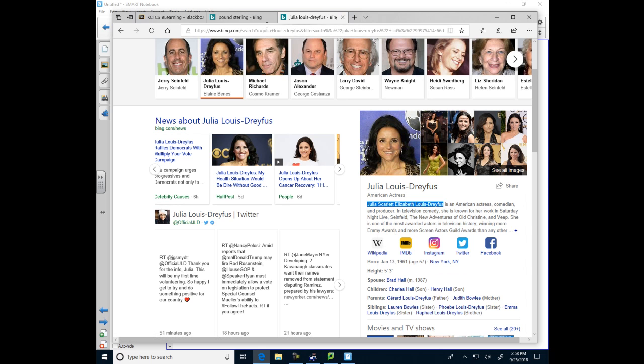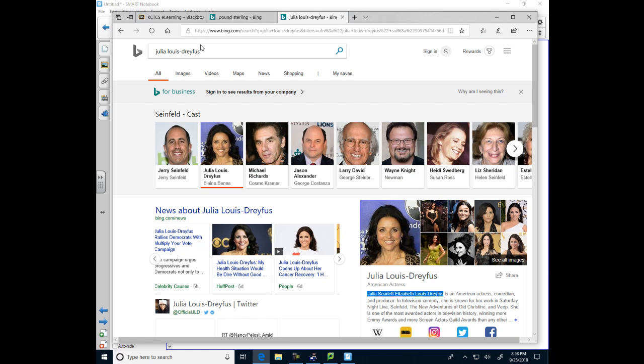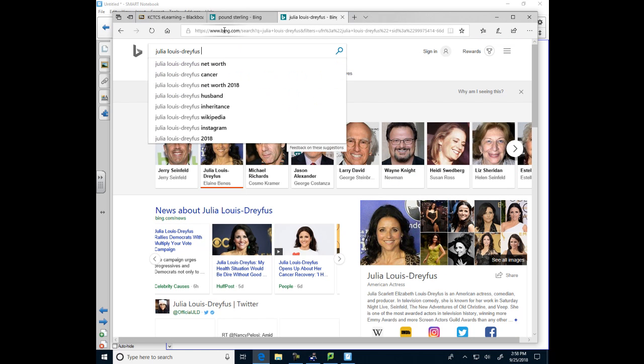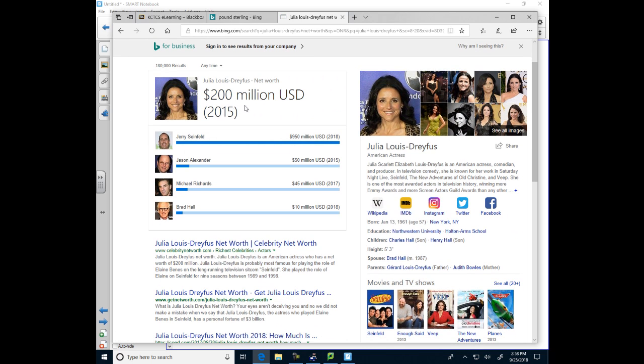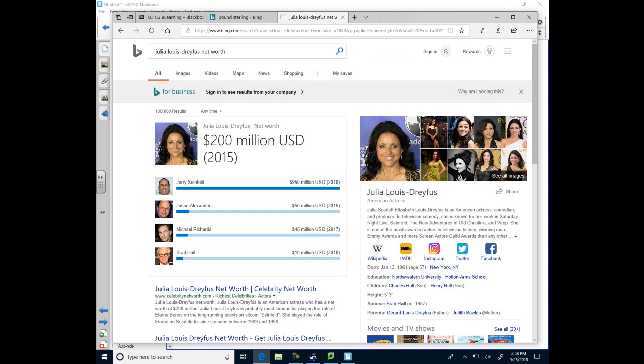I like to check out people's net worth. I've seen bigger figures than this. Seinfeld is amazing. I'm pretty sure she's worth more than this because I'm not sure they figured in what she's going to inherit from her father.